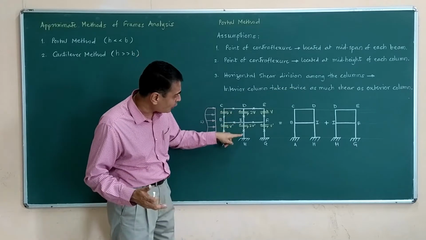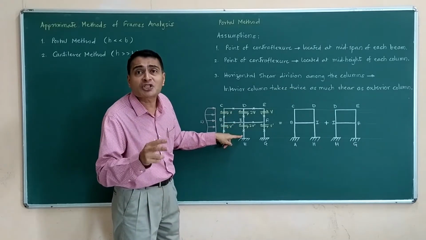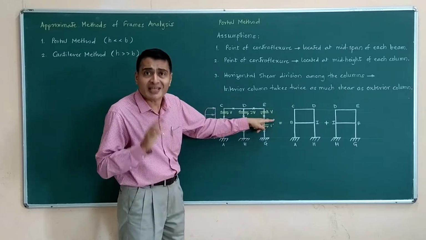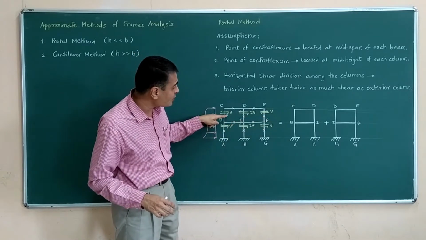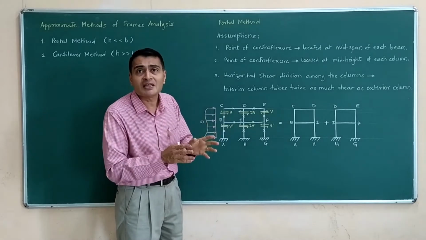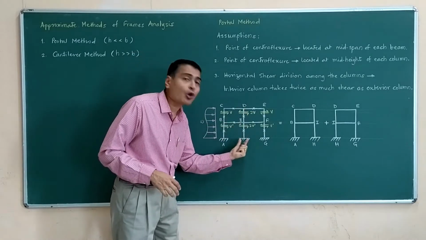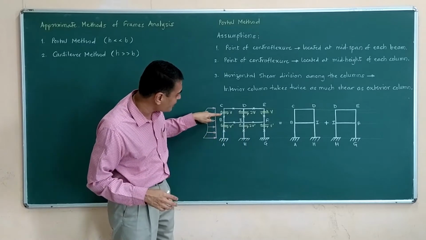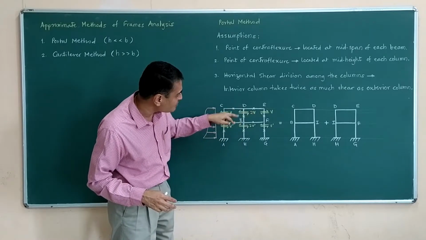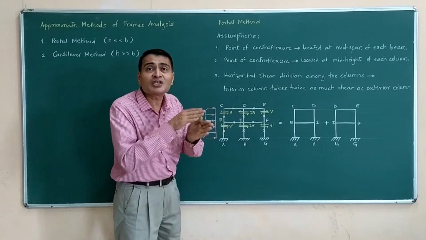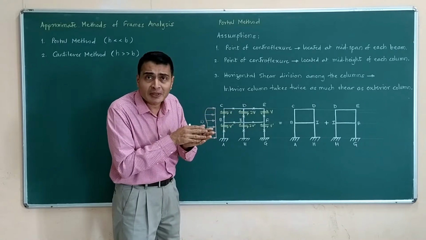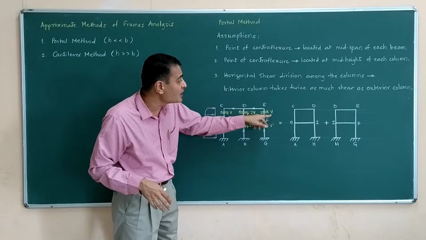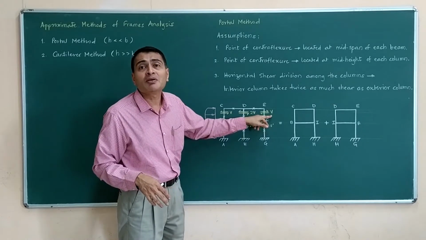This interior column will take double the shear as compared to the exterior columns. In short, if the exterior columns are sharing V, then the interior column will be sharing 2 times V. That is what I am trying to show in these diagrams. This is how I am representing the shear force in column. And then if this magnitude is V, this will be 2V and this will again be V.